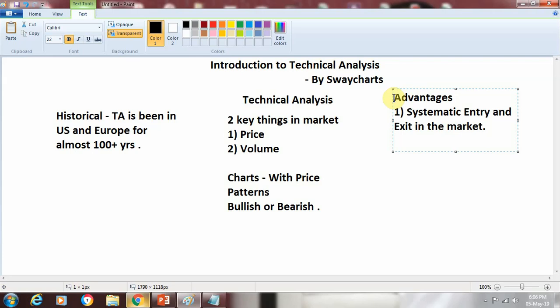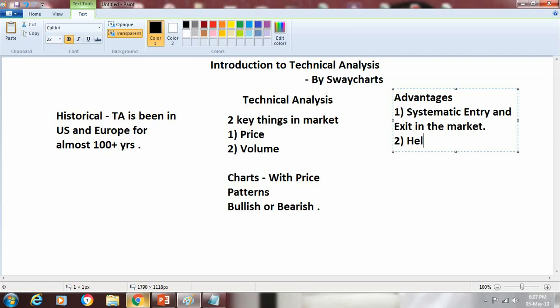That is why we have that common experience amongst almost 90% of the people related to the stock market, right?